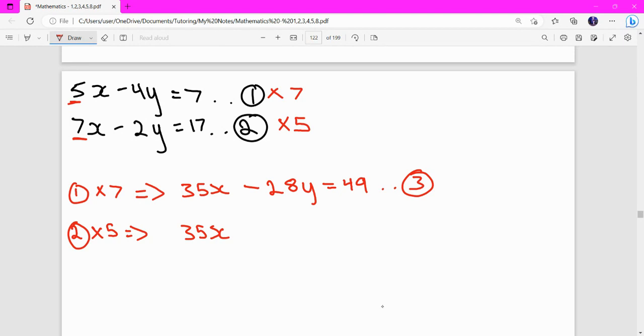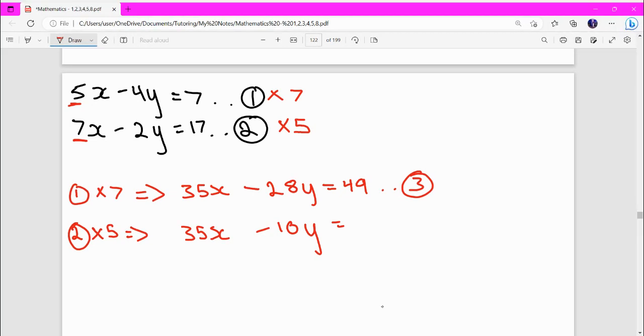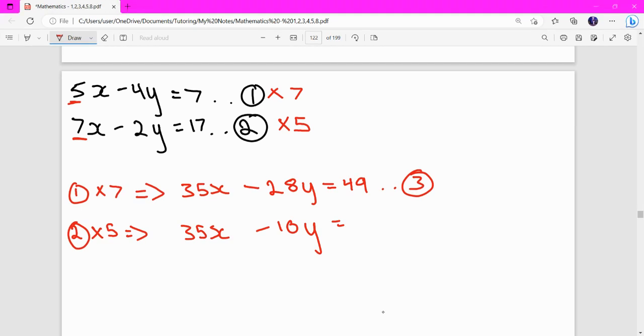Negative 2y times 5, we will get negative 10y, and 17 times 5, what will you get when you multiply 17 by 5? 85, right? So 17 times 5 is 85. Call this equation 4.